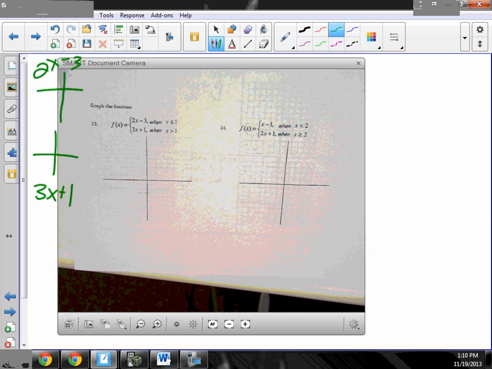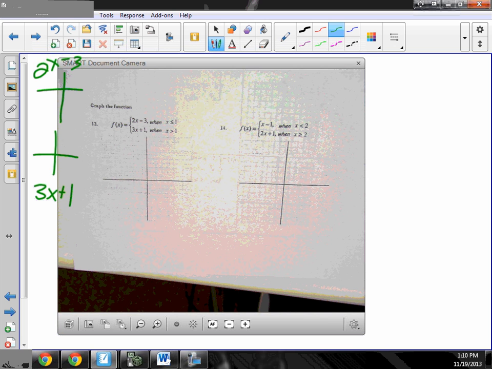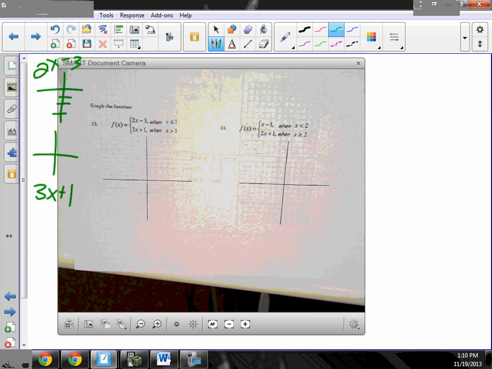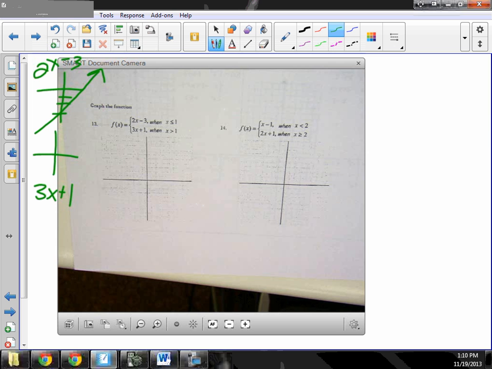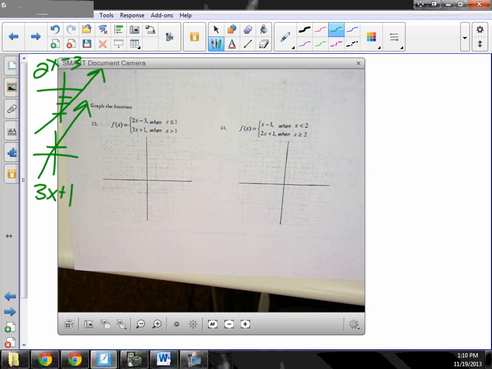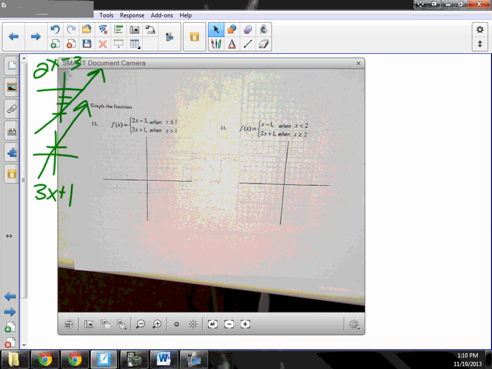And you can use your calculators to graph them if you want, but these are just linear equations, so hopefully we don't need it. So this one starts at negative 3, and it gains $2 every year, so it would look like this. The other one starts at 1, and it gains $3 a year, so it's going to be steeper than the first one. Okay?